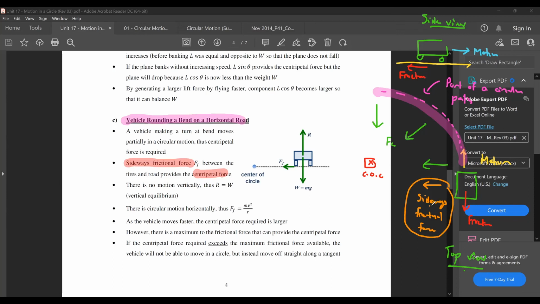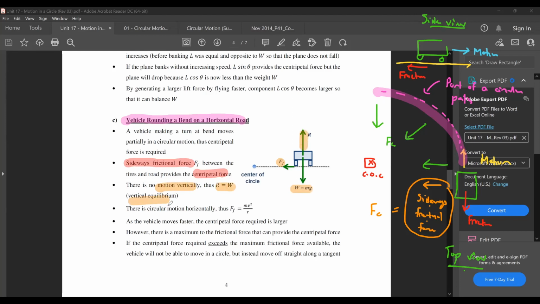This sideways friction is acting as your centripetal force right now that allows you to move in a circle. So in this case, it is not lift force, it's not string tension that provided you your centripetal force, it is your sideways frictional force. If you consider the motion vertically right now, there's no motion vertically, so the reaction force equals the weight.